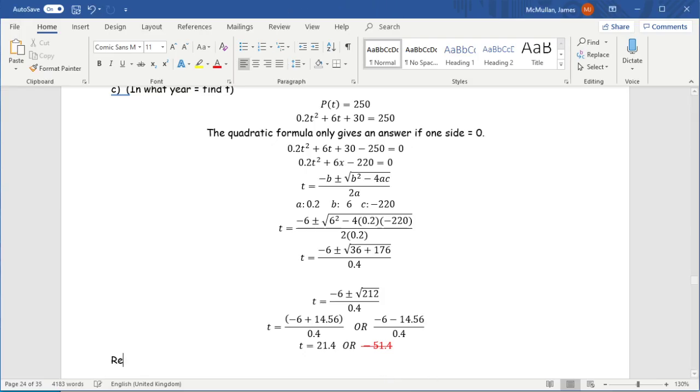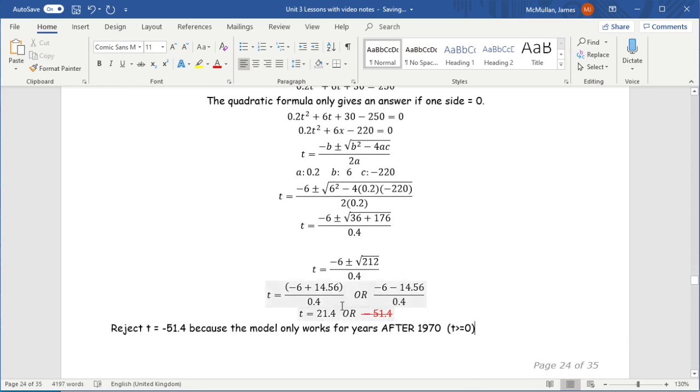So we reject t equals negative 51.4 because the model only works for years after 1970. In other words, t has to be greater than or equal to 0, right? You can't take a negative time. So our answer is 21.4.